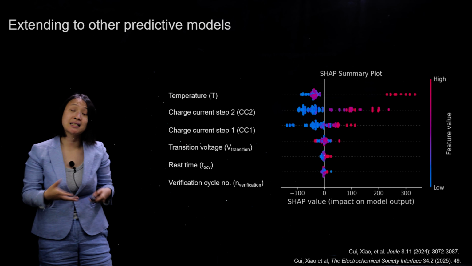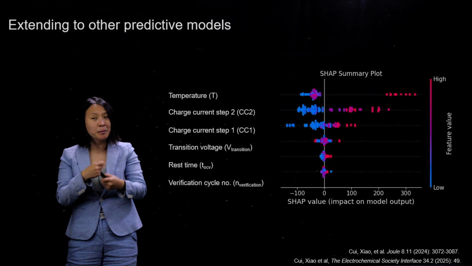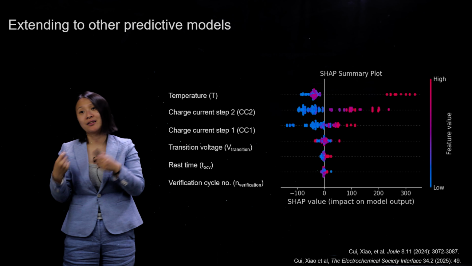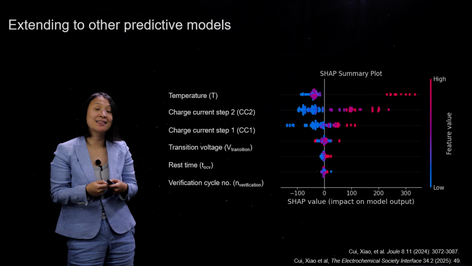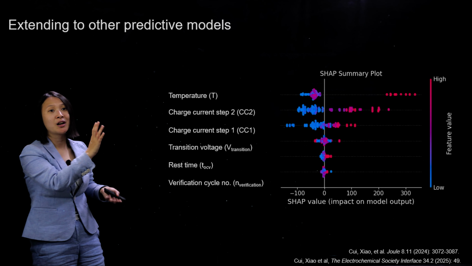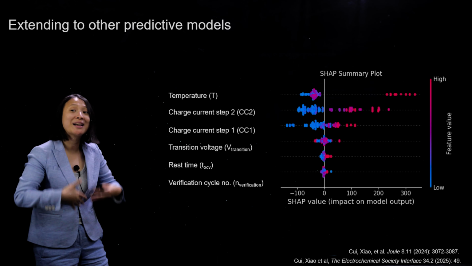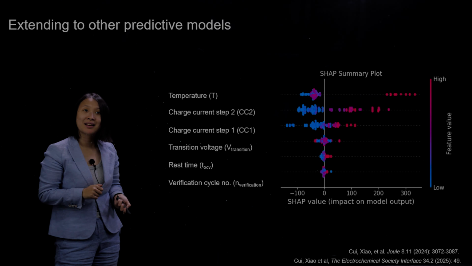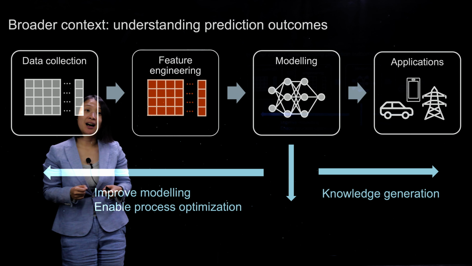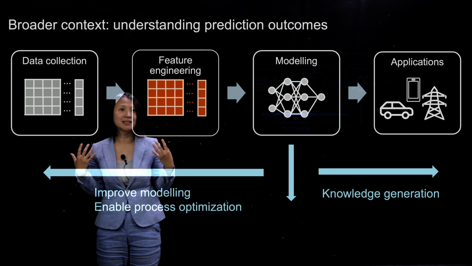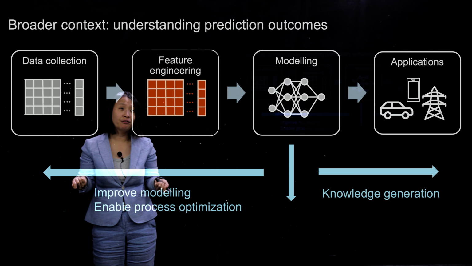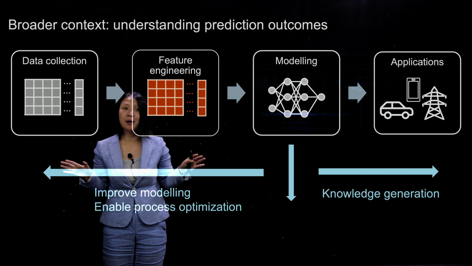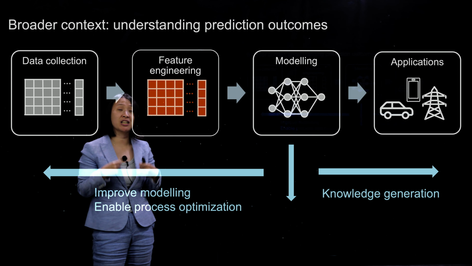So you can see this is an example where we can apply explainable machine learning to different machine learning models, and it can help us gain insight into the model as well as develop the optimization protocols for our next round of battery design. With this in mind, let's zoom back to consider the impact of explaining our machine learning models. We really care about how much we understand our prediction outcomes.